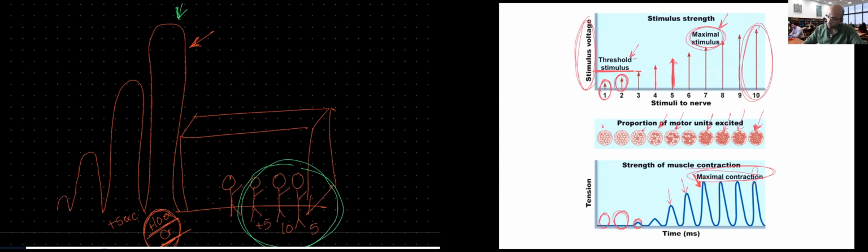So here, if this is my muscle, I have, let's say, 1,000 muscle fibers. The stronger the stimulus, the more muscle fibers out of this 1,000 are going to be recruited to perform the contraction. All right, is this clear, Alexandra?